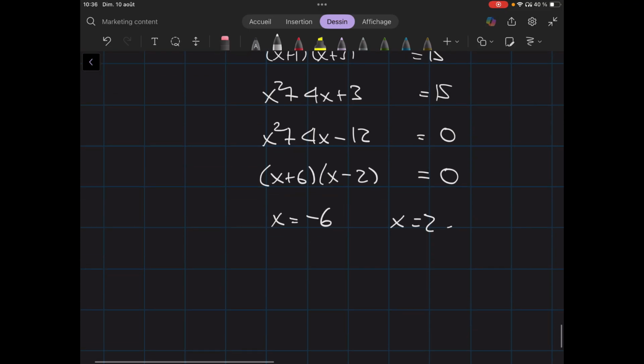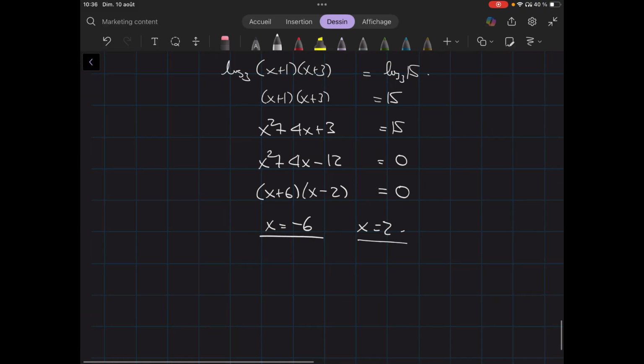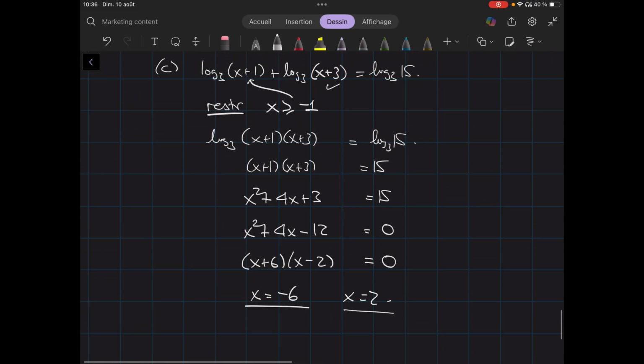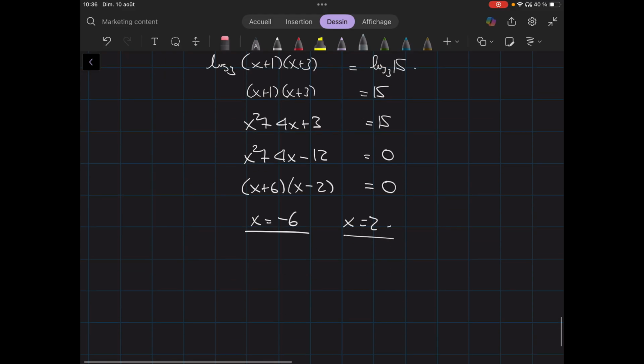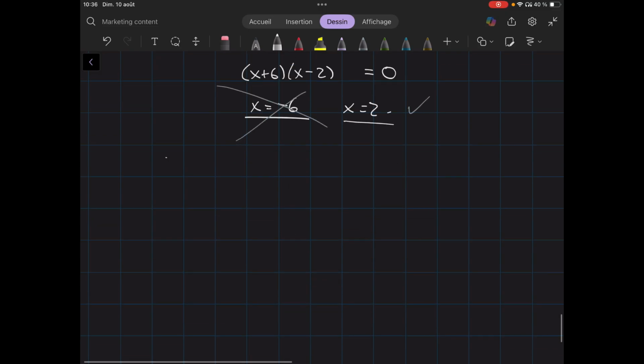Links will be added to the description. We found our two values of x. However, going back to our domain, x has to be greater or equal to -1. So we have to reject this, and we can only accept x is equal to 2. Part D.